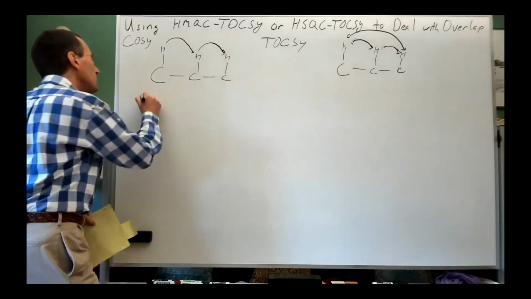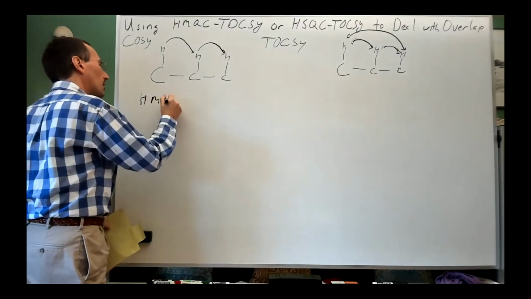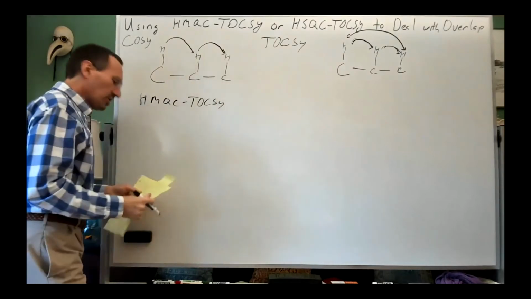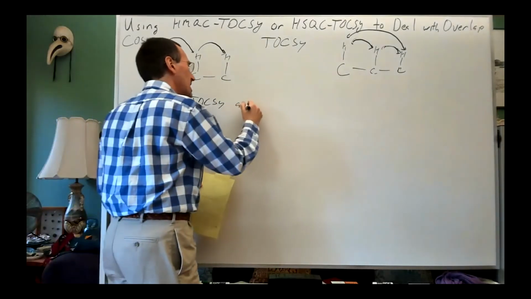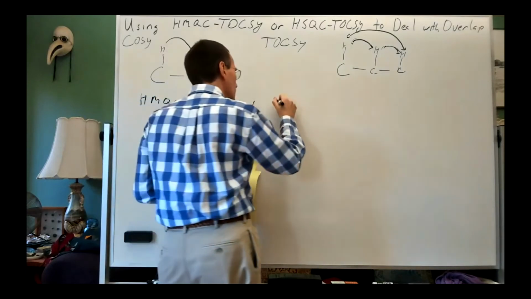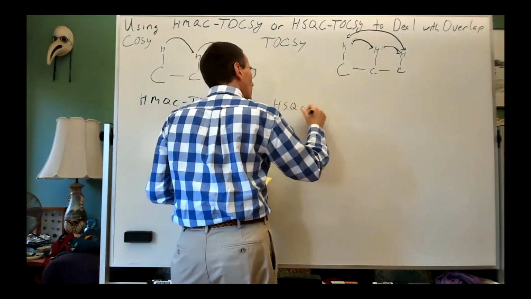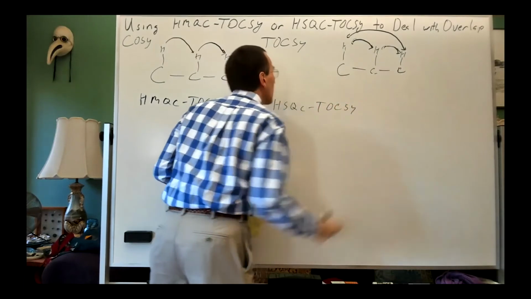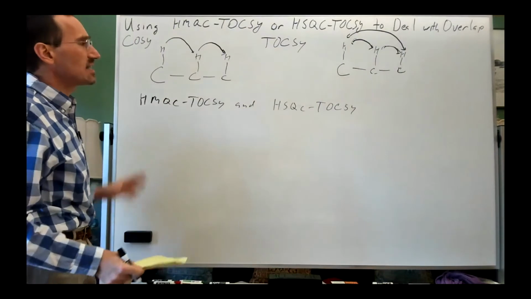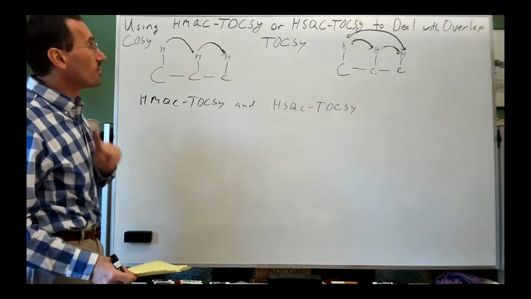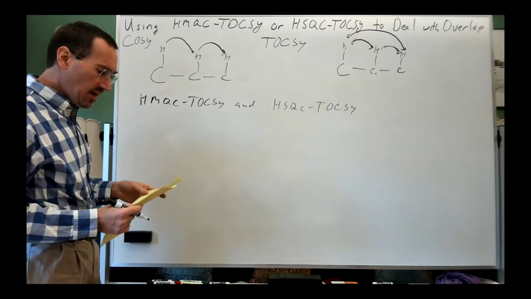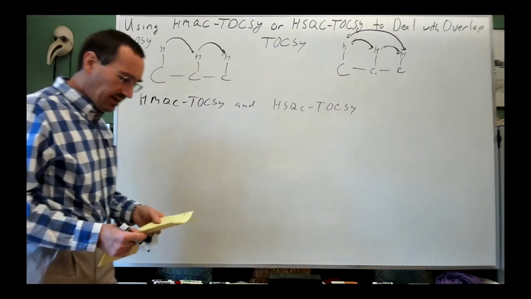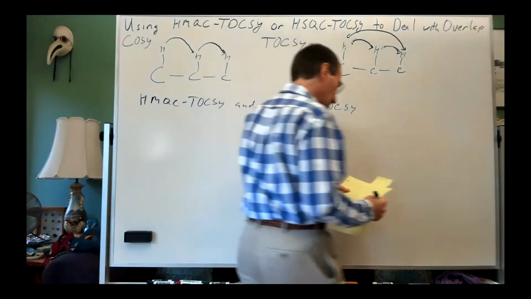So what HMQC TOCSY, and these are just slight variations in pulse sequence, it's not that different in terms of what they do from a practical point of view. The example that I'll be using in today's class is HMQC TOCSY. I think the homework may be HSQC TOCSY. Anyway, what we're going to do with these two complementary techniques is get the dispersion.